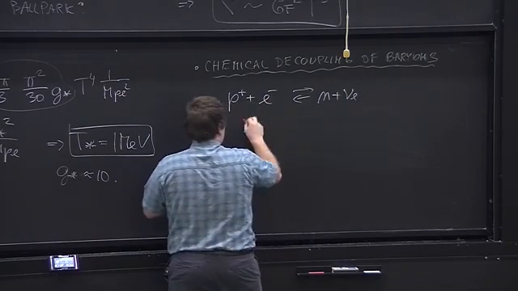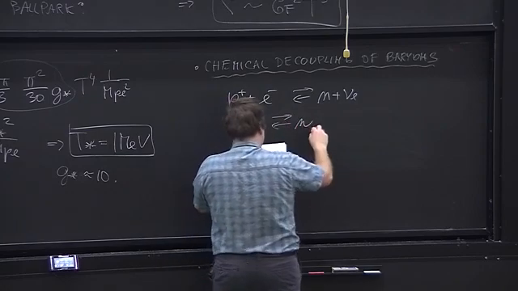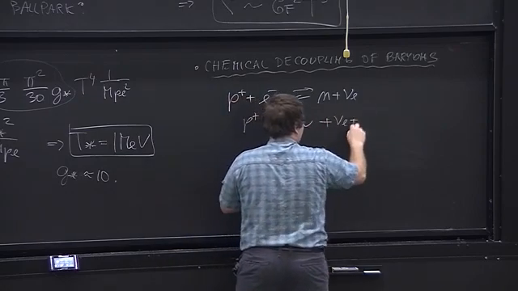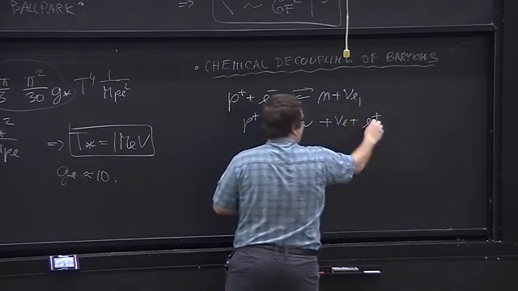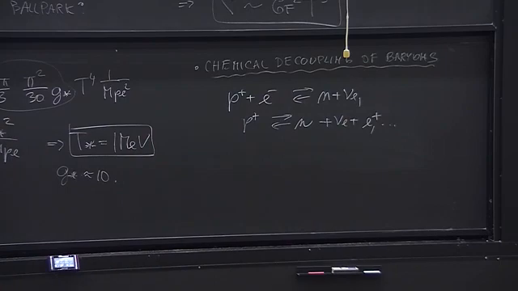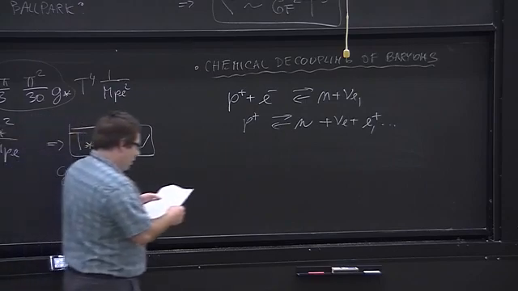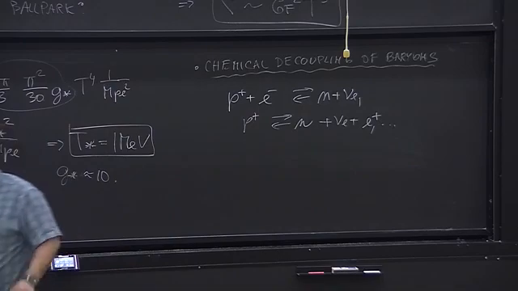Or you can have that a proton just decays into a neutron plus a neutrino plus a positron, and so on. So you have these types of interactions. So you see that neutrinos play an essential role in these interactions, but basically, they maintain the balance between protons and neutrons. Okay.